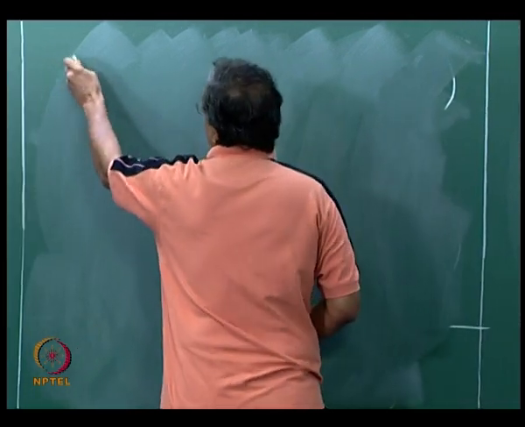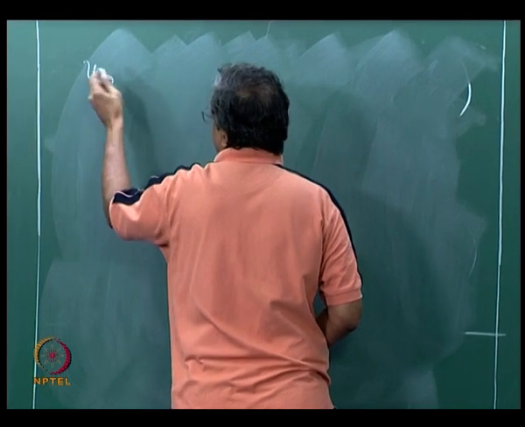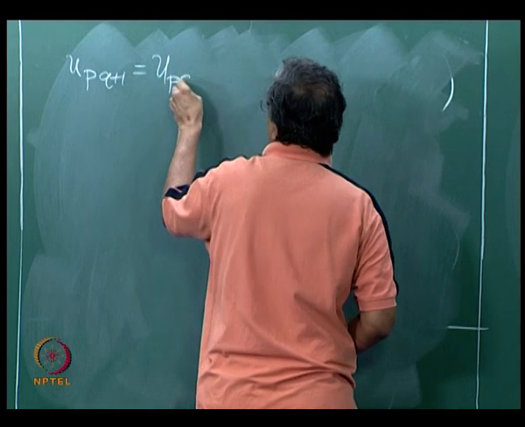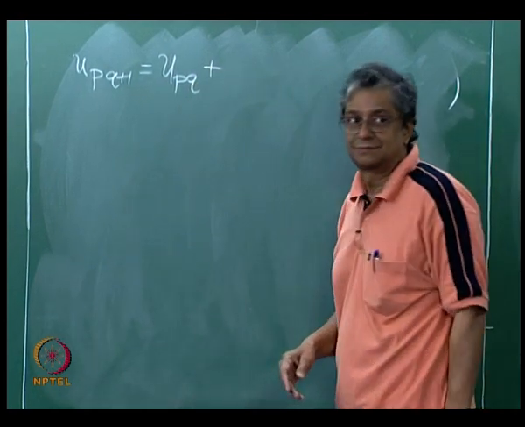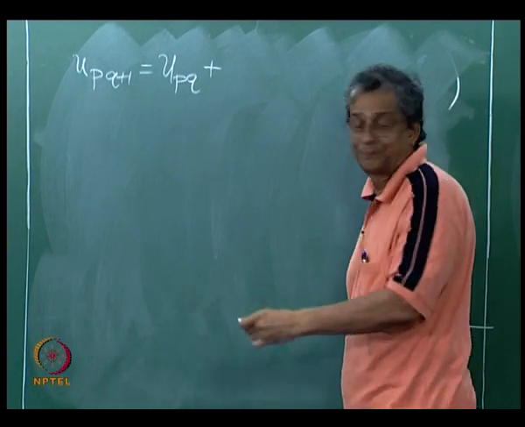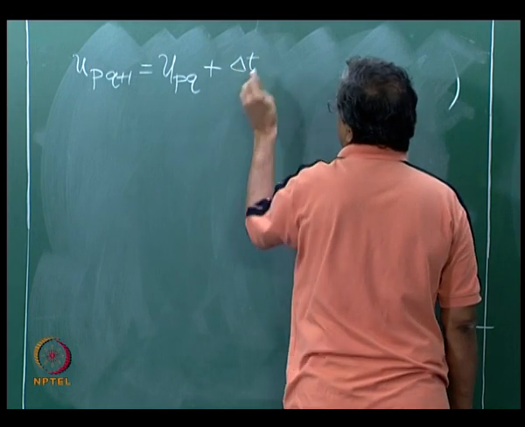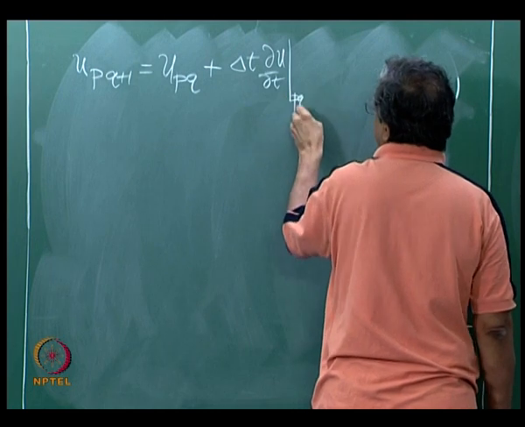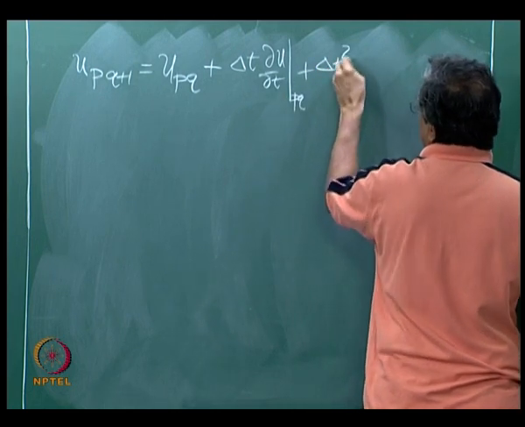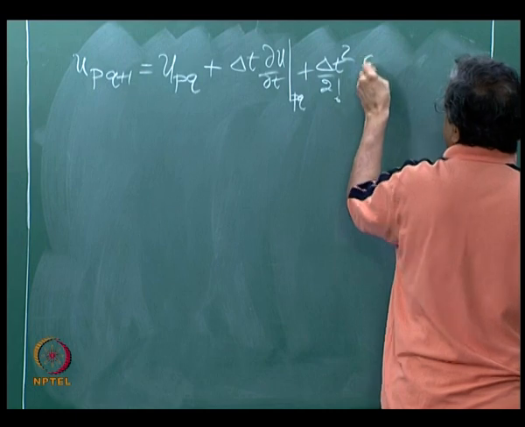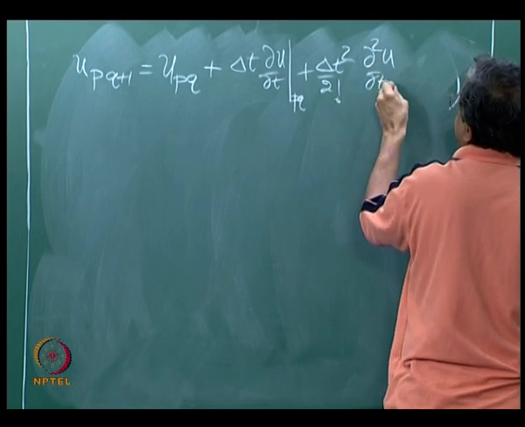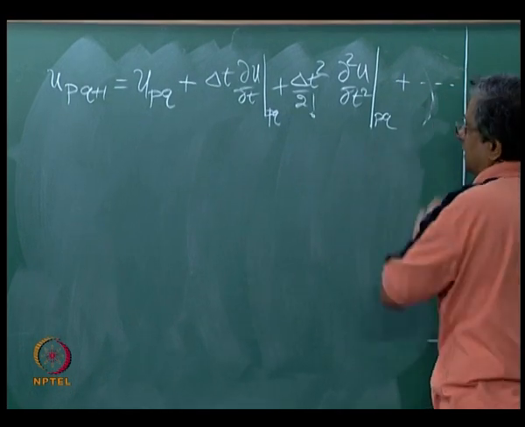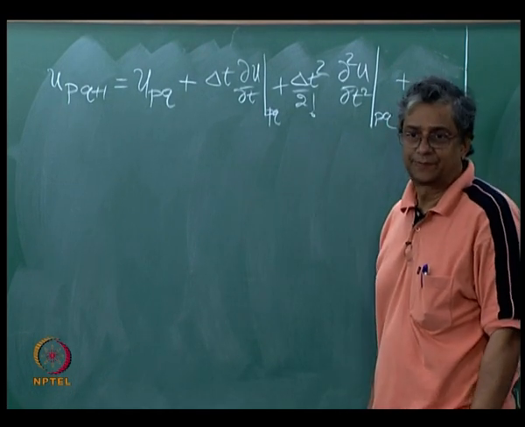That is, if you have U_P^(q+1), I will stick to the subscript, is U_P^q plus, let us do Taylor series, delta t dou u dou t at the point P q plus delta t squared by 2 factorial dou squared u dou t squared at the point P q, and so on, fine.